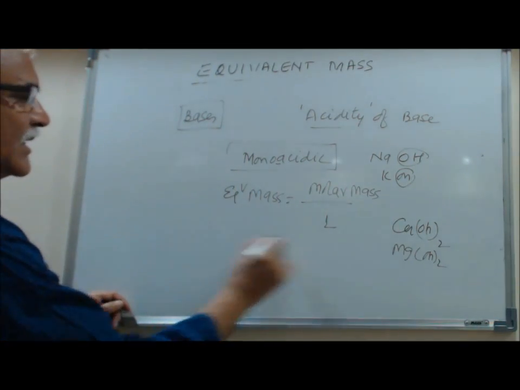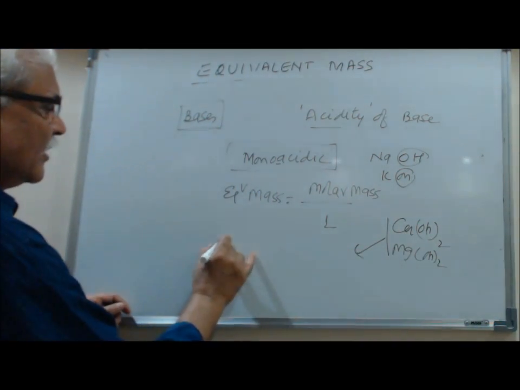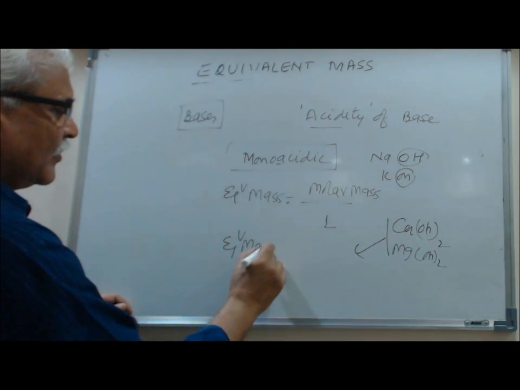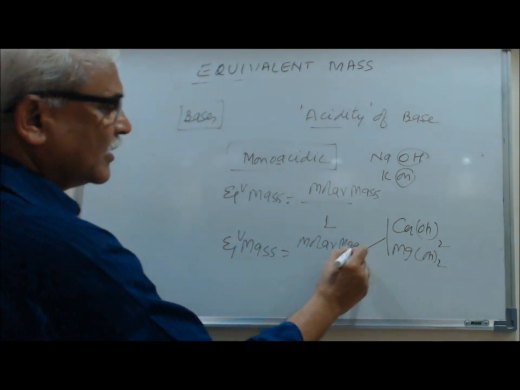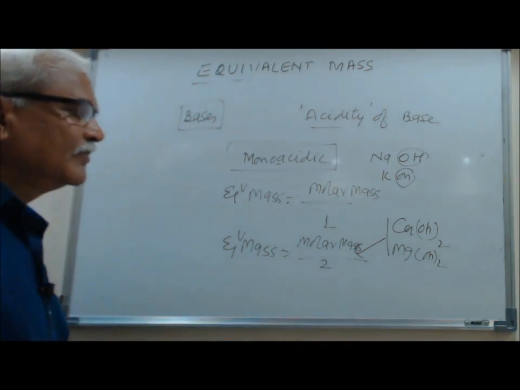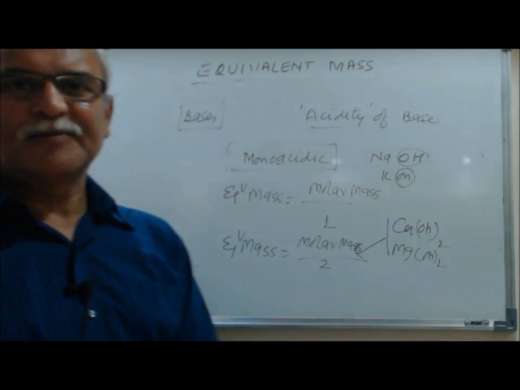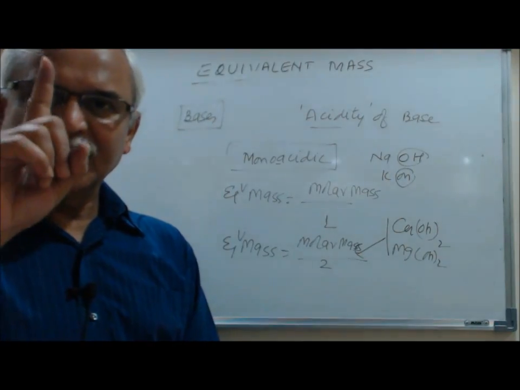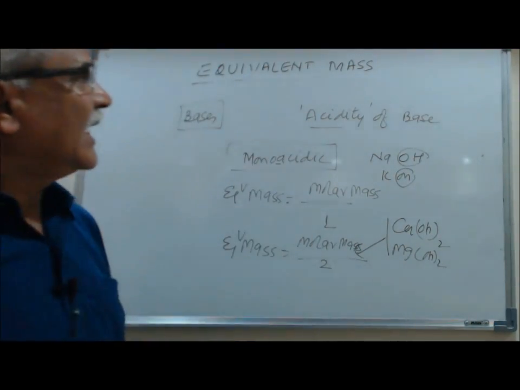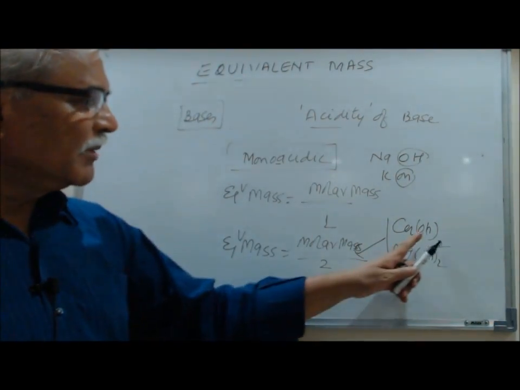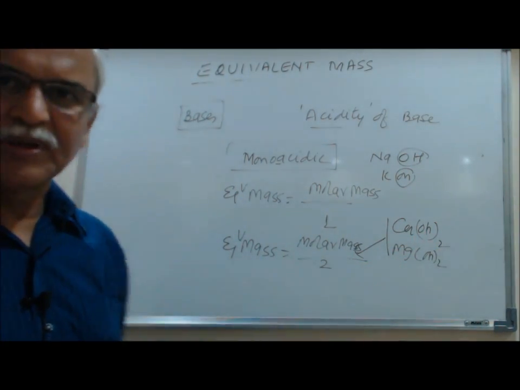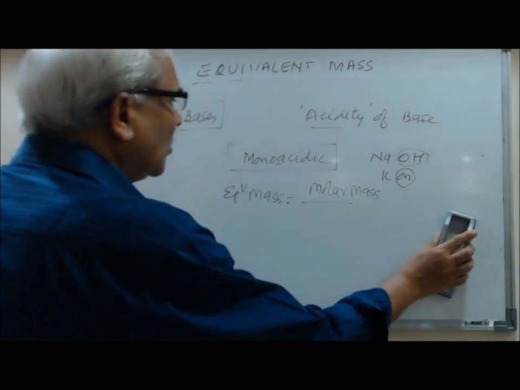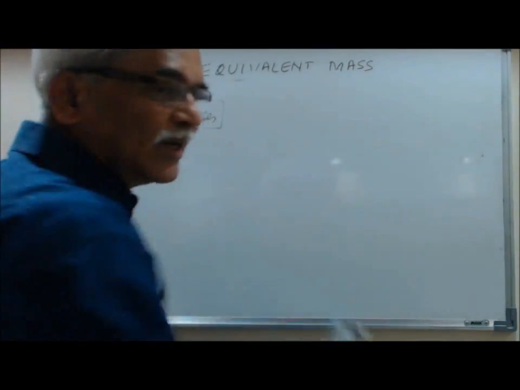So in such cases, equivalent mass will be molar mass by 2. Am I clear? Again, only in case of diacidic base, it is possible that only one OH comes out, one does not come out. It is possible.